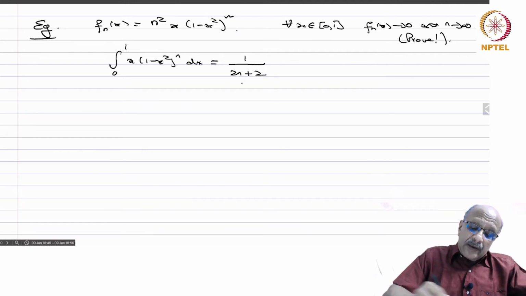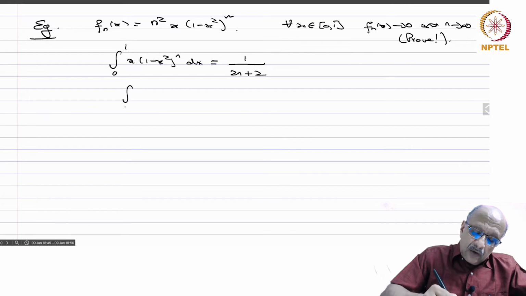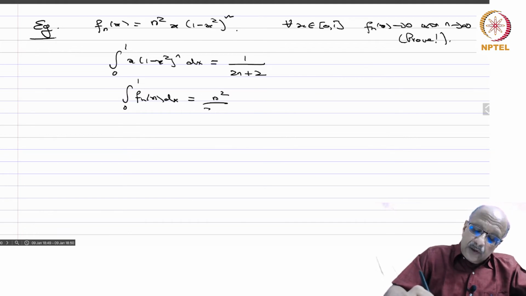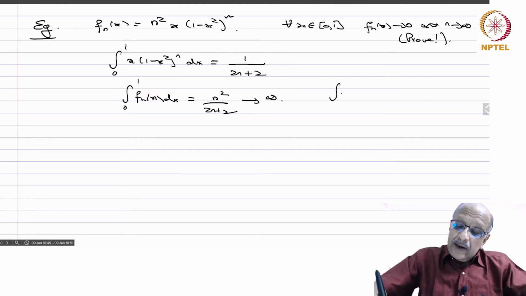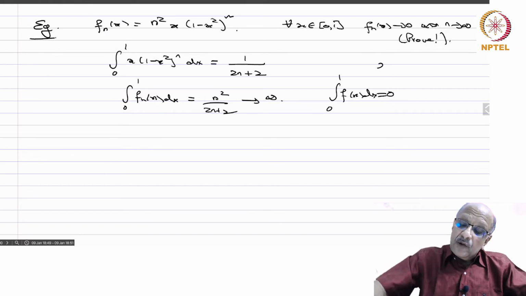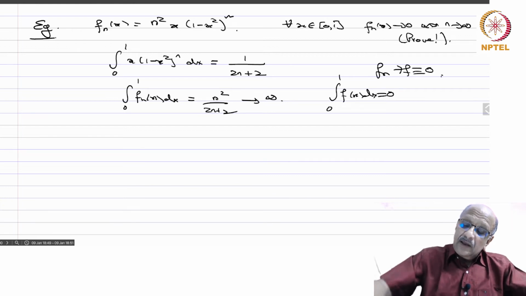So n squared times this function is the given function. So the integral from 0 to 1 of f_n(x) dx is equal to n squared by 2n plus 2, which tends to infinity. But the integral of f(x) dx from 0 to 1 is 0 because f_n goes to f, which is identically 0.